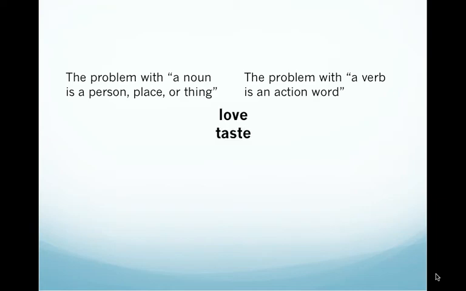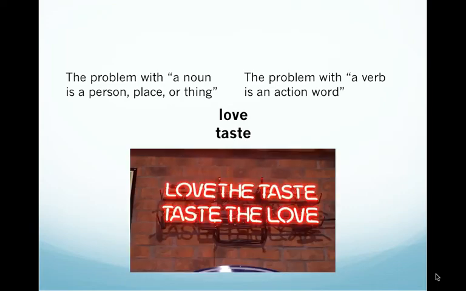So, what about love and taste? Are these nouns? Are they verbs? Well, it depends. You have to look at how they are being used at the moment. What about this slogan? Love is a verb in "love the taste," and it's a noun in "taste the love." And you can see that the lexical category of taste changes as well.